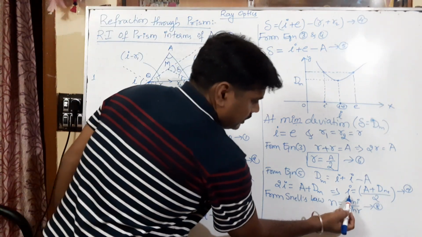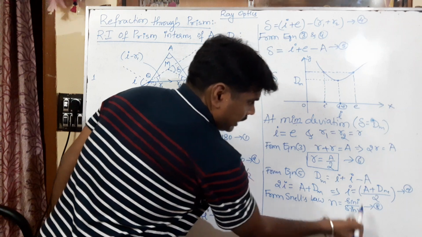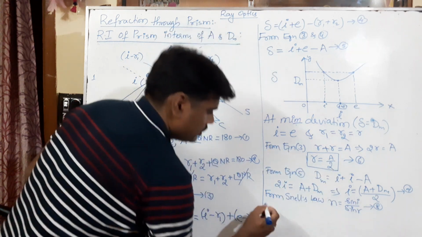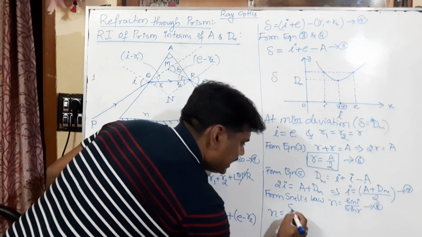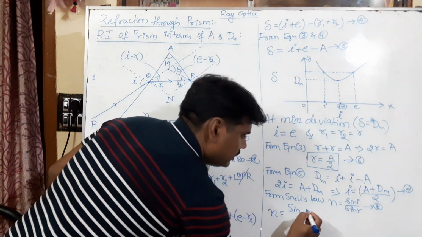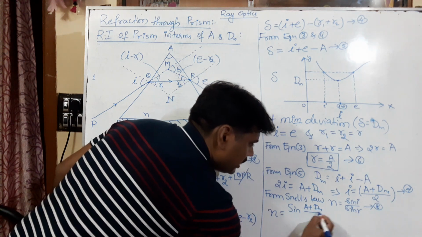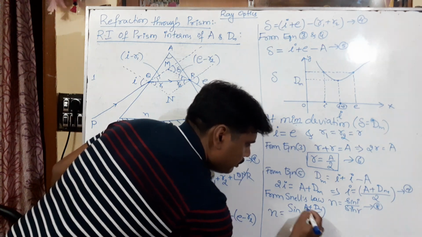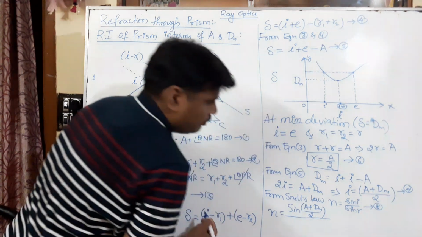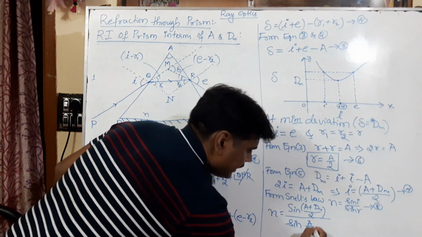Now we replace I by (A plus Dm) by 2 and R by A by 2. So finally the refractive index becomes n is equal to sin of, what is I here? A plus D subscript m, where A means angle of the prism, D subscript m is angle of minimum deviation, whole divided by 2, whole divided by sin of A by 2.